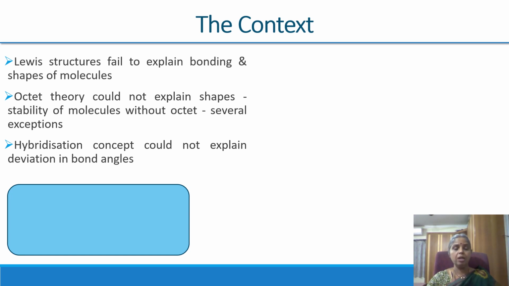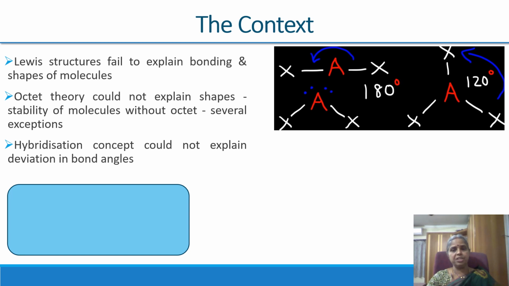For example, in ammonia, nitrogen undergoes sp3 hybridization, but the bond angle is not 109.5 degrees, it is only 107 degrees. Why? Hybridization is saying nitrogen is undergoing sp3 hybridization, so tetrahedral bond angle has to be there, but the bond angle is less than tetrahedral bond angle. This fact could not be explained by the hybridization concept.